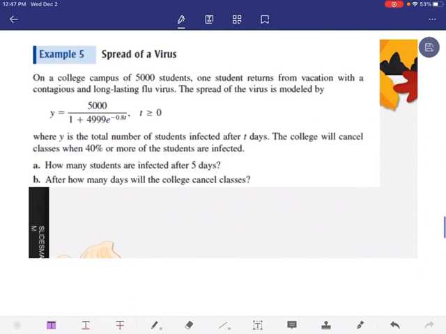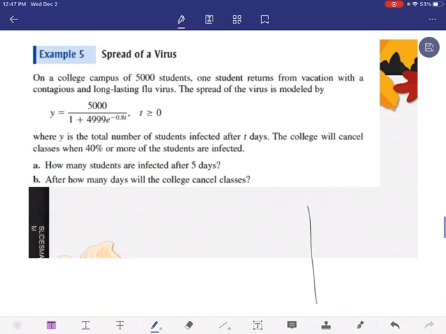All right, in our next example, we're looking at the spread of a virus. And if we go back to our original model, this is going to be our logistics model.